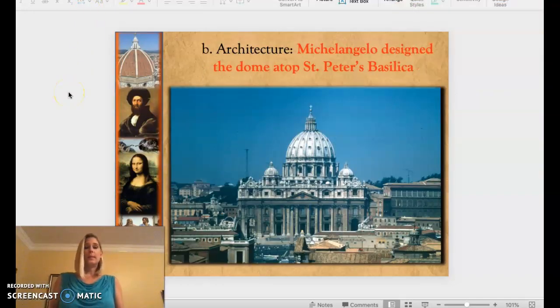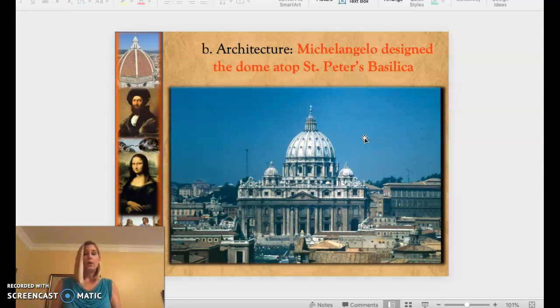As you can see here, Michelangelo, as far as architecture goes, designed the enormous dome on top of St. Peter's Basilica, which again is the church in Rome that I've been talking about, where we just went over the Pietà.